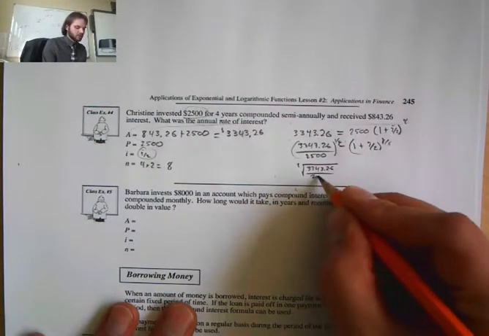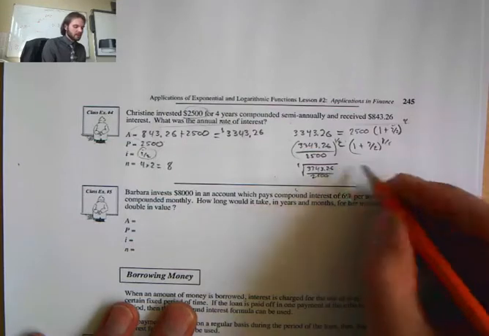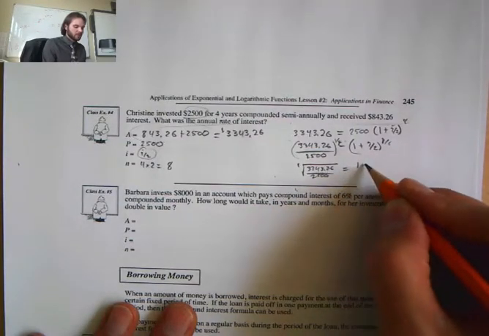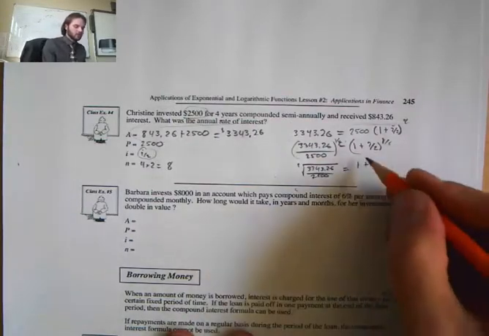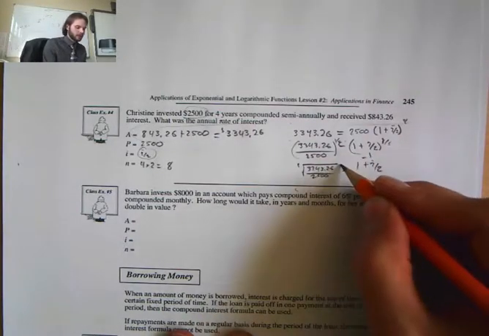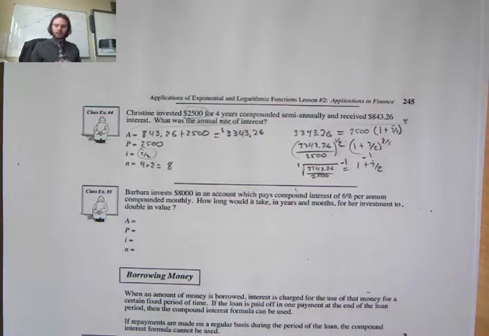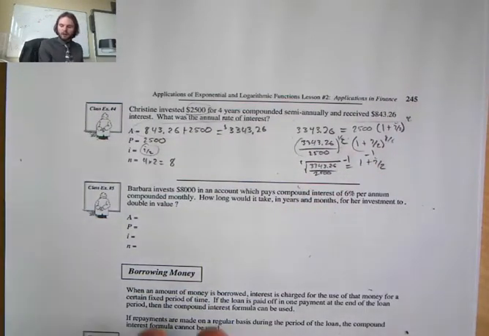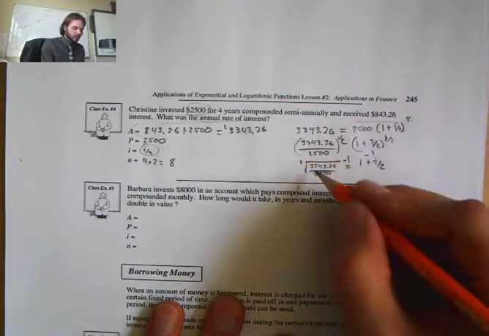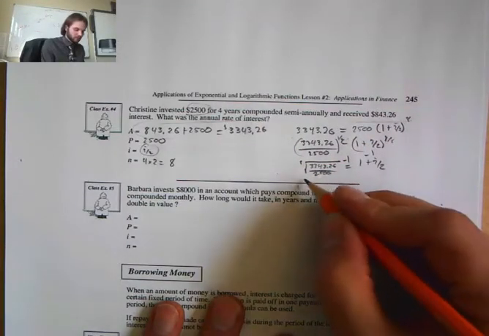3343.26 divided by 2,500 is equal to 1 plus i over 2. So I'm going to take away 1 from both sides. Okay? So now, if I square root this, I'm going to get 1.07.